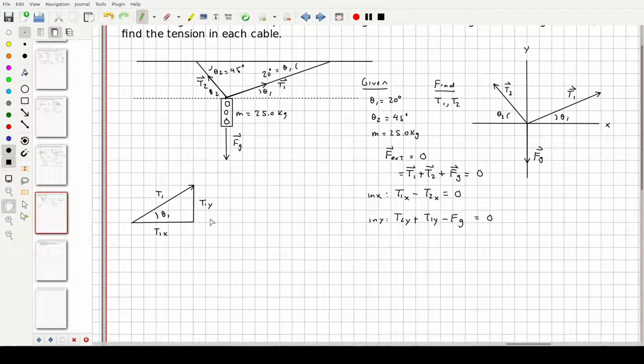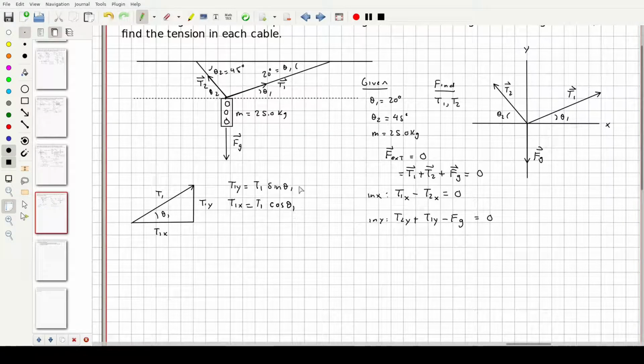Now again, noting the fact that T1y is opposite and T1x is adjacent, we can write T1y as T1 times sine of theta 1, just like we can write T1x as T1 times cosine of theta 1.